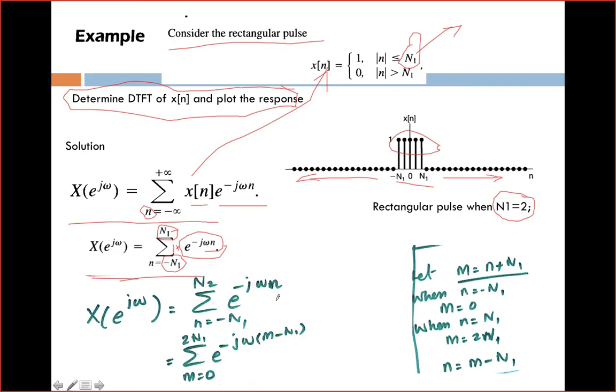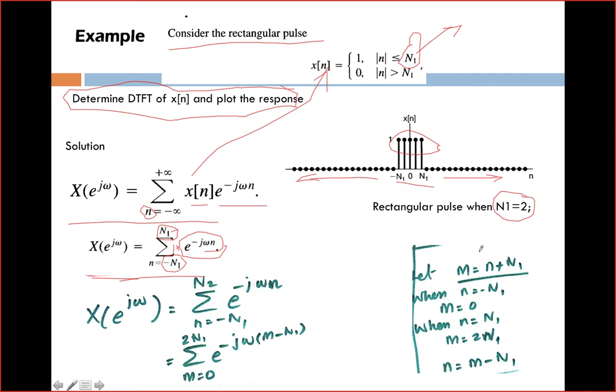Now this is again a peculiar problem, because the limit is starting from minus n1 to plus n1. But the formulas we have been seeing start from n is equal to 0 to infinity, something like that. But we have a special case starting from n is equal to minus n1 to n1. Hence, I am going to make a one-sided summation by simple substitution.